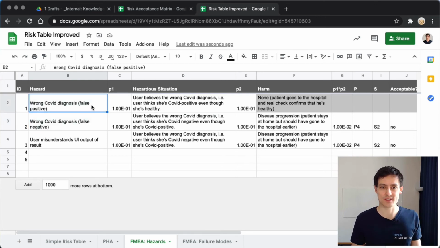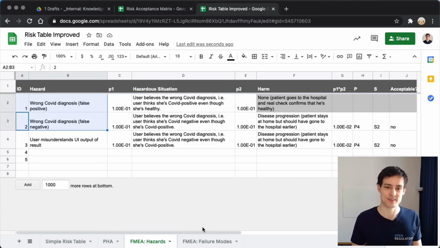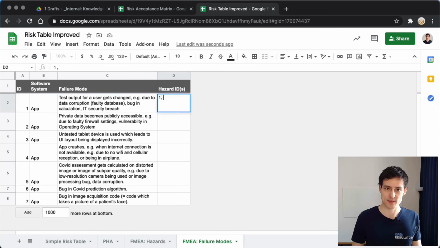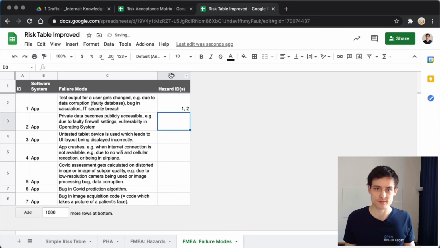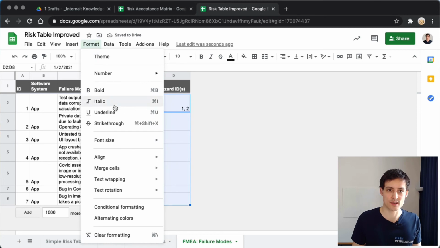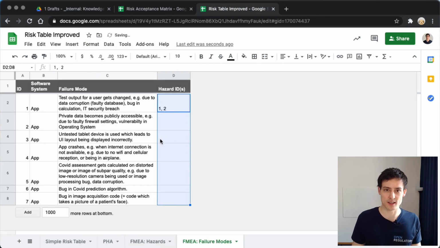And wrong is false positive or false negative. So yes, it leads to 1 or 2. We don't know how the test output will be changed, but we know it will be one of these 2, probably. So hazard IDs is 1 and 2. Let's also reformat this column as plain text, as otherwise really bad things happen.